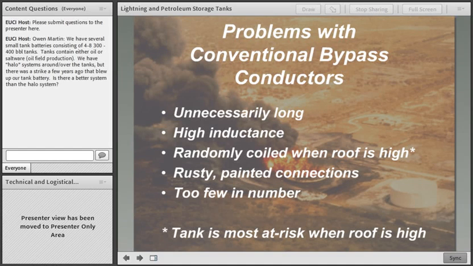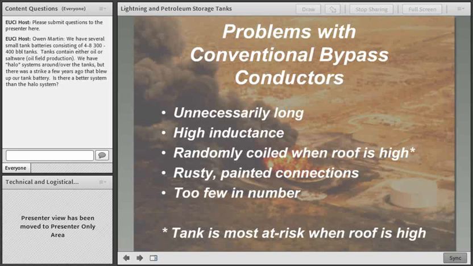So let's suppose you have a tank 50 feet high. Well, that bypass conductor has to be at least 50 feet so that it will remain attached to the roof when the tank is empty. When the tank is filled, the bypass conductor is longer than it needs to be, and it will just randomly coil and splay on the roof when the tank is full.